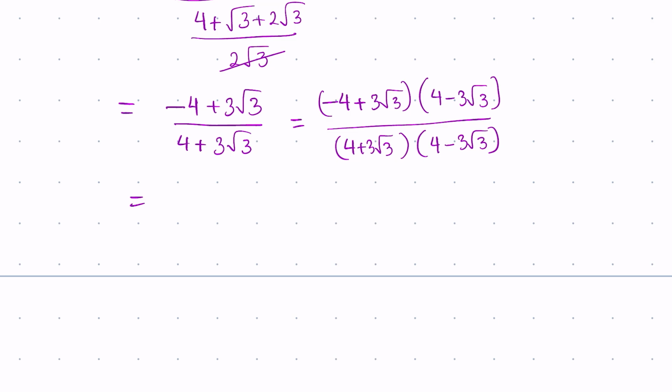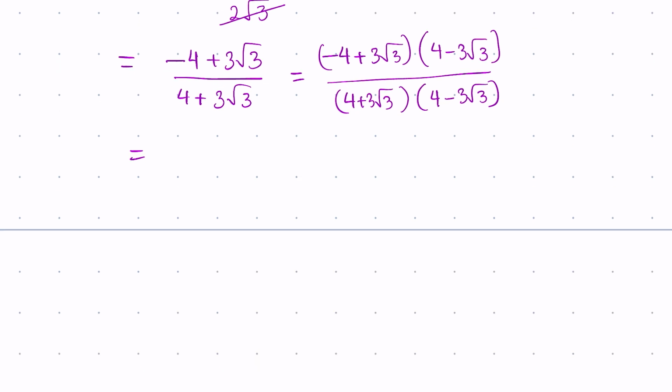If we multiply this, we get a squared minus b squared.